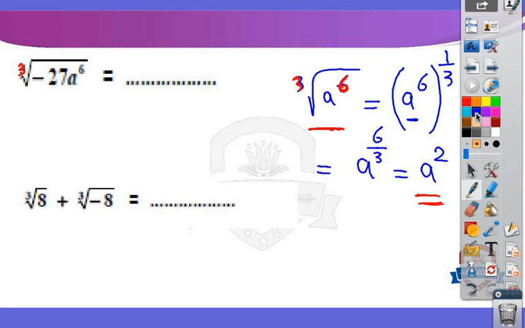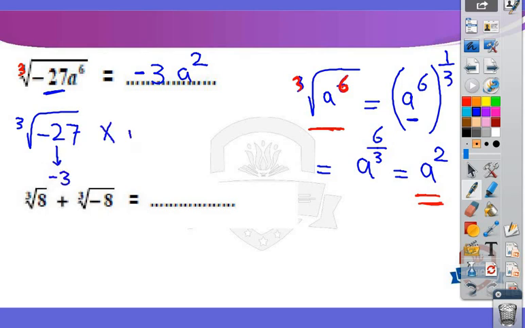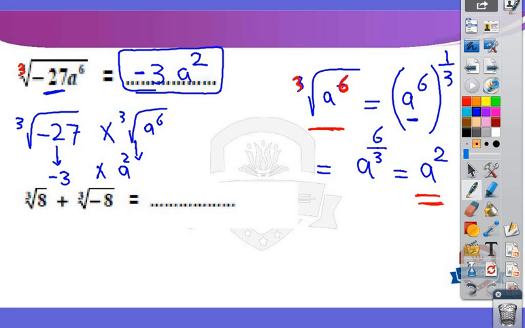It will be minus 3 a to the power of 2, because the cube root of minus 27 will be minus 3, times the cube root of a to the power of 6, which is a to the power of 2. So the result here will be minus 3 a to the power of 2.